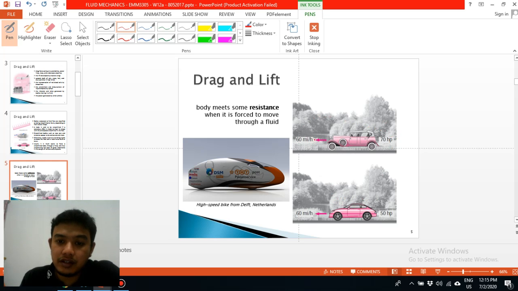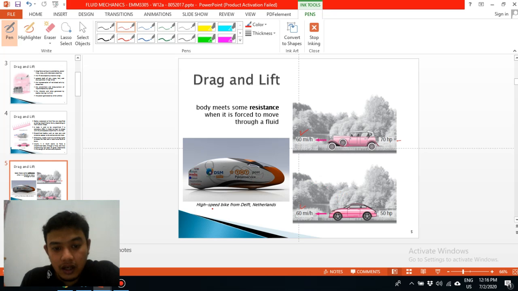When we fix the speed as constant for both, which is 60 miles per hour, for the first car we need 70 horsepower to move it. Meanwhile, the new car with a more aerodynamic shape only uses 50 horsepower due to the effects of aerodynamics. This is the importance of understanding drag or resistance effects. The more aerodynamic the body, the lesser the resistance.